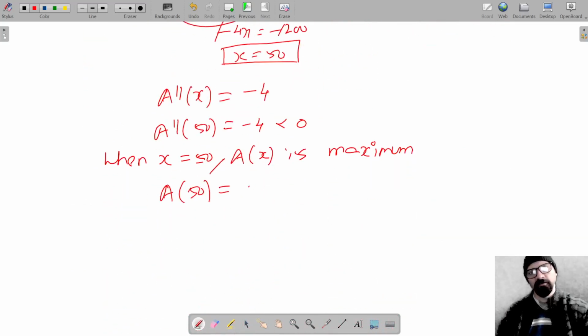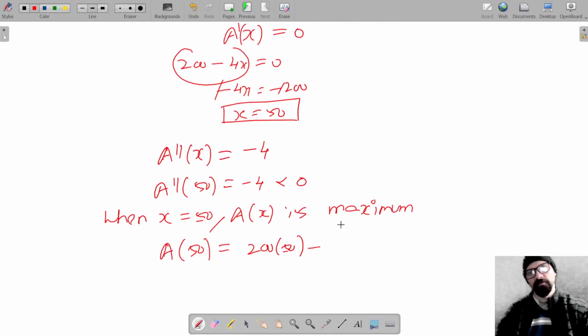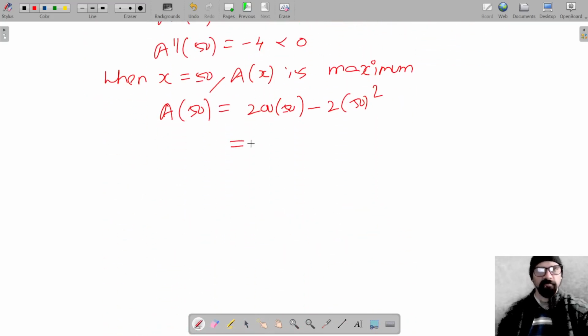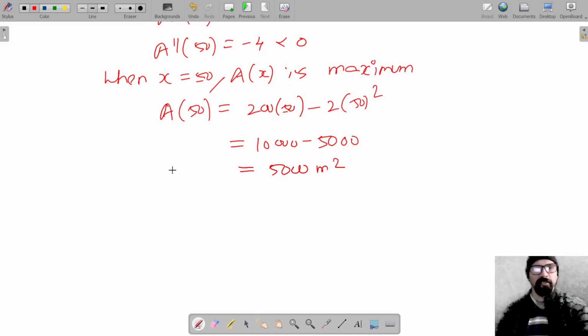So this is 200 into 50 minus 2 into the square of 50, which is 10,000 minus 2 into 2,500, that is 5,000. So 5,000 square meters is the maximum value of the area.